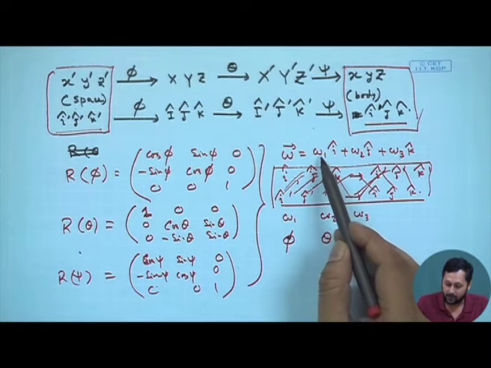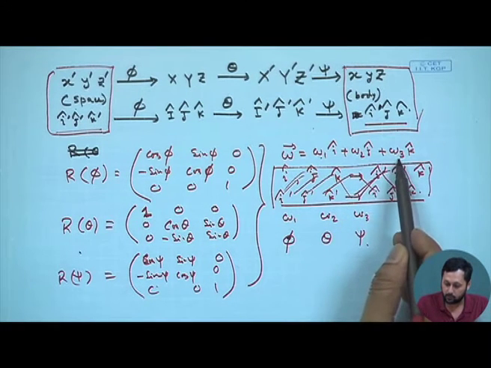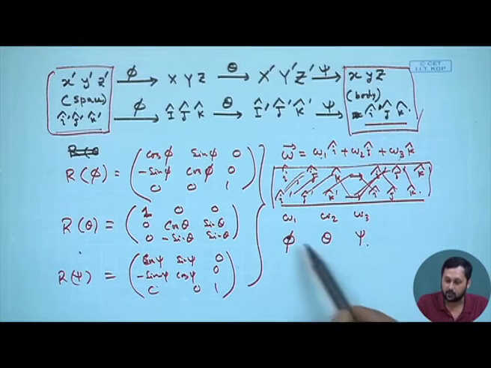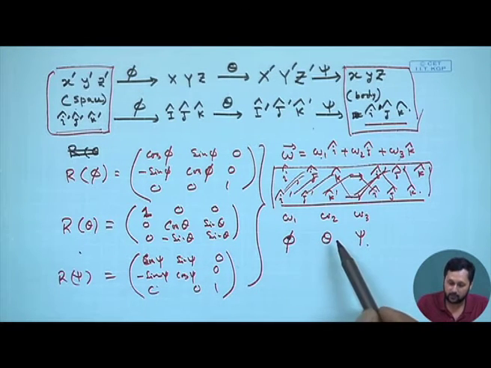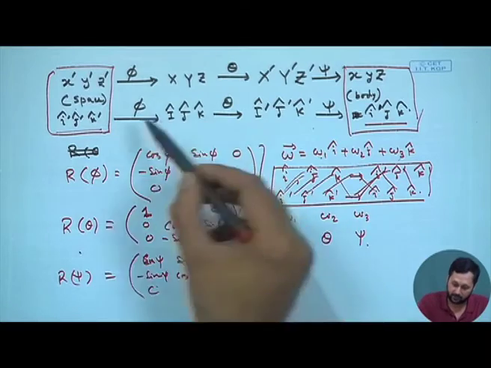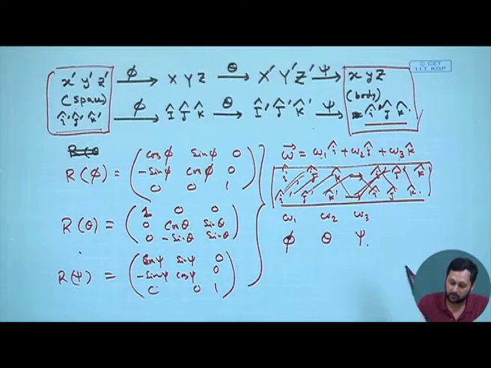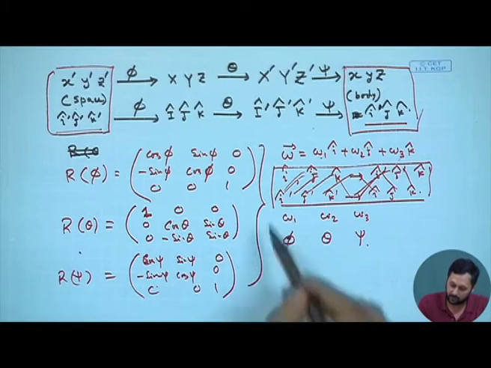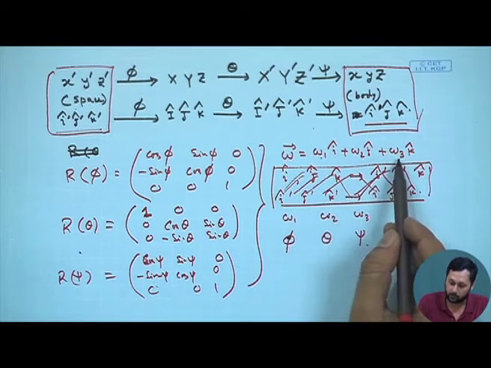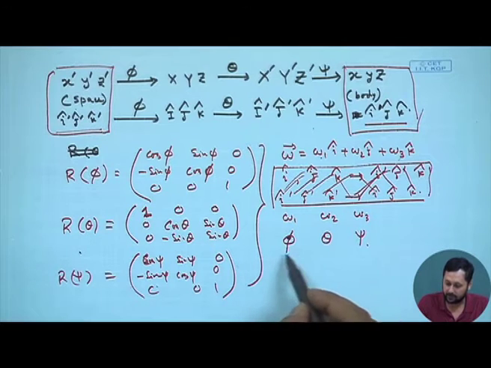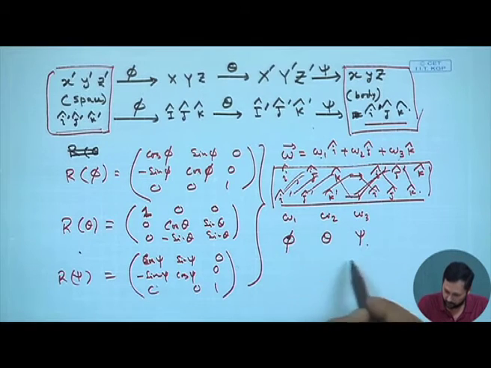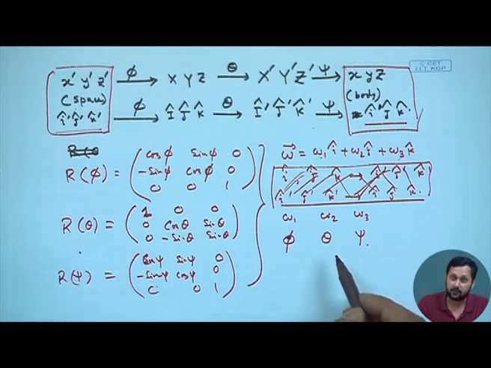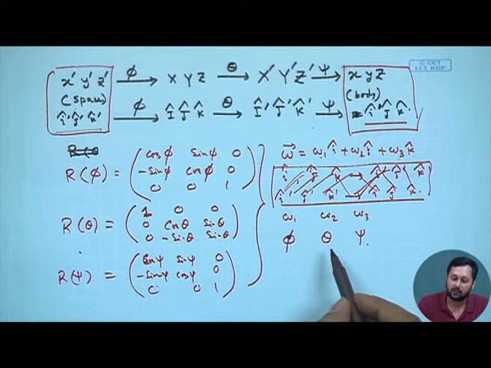But if we can write omega 1, omega 2 and omega 3 in terms of phi, theta and psi, which is in some sense associated with the space set of axes by these sets of rotation, then in principle, if we integrate these equations, we can comment on the nature of the motion, because all these angles are somehow connected with the space set of axes.